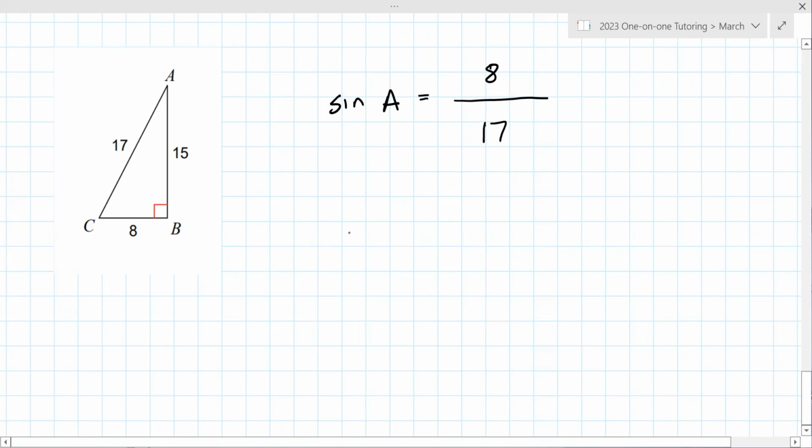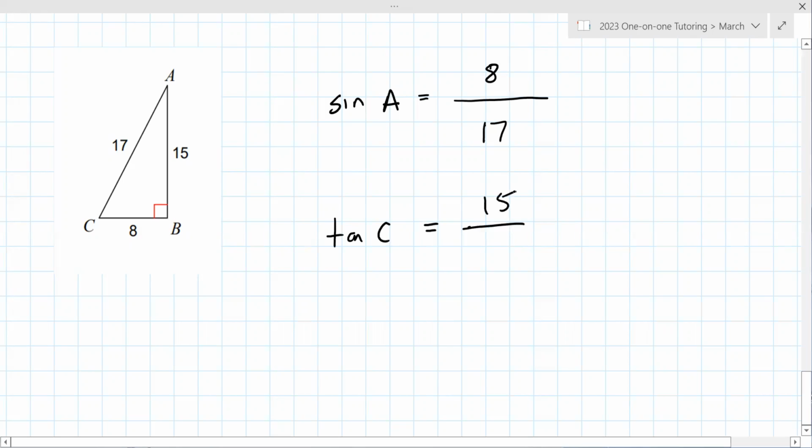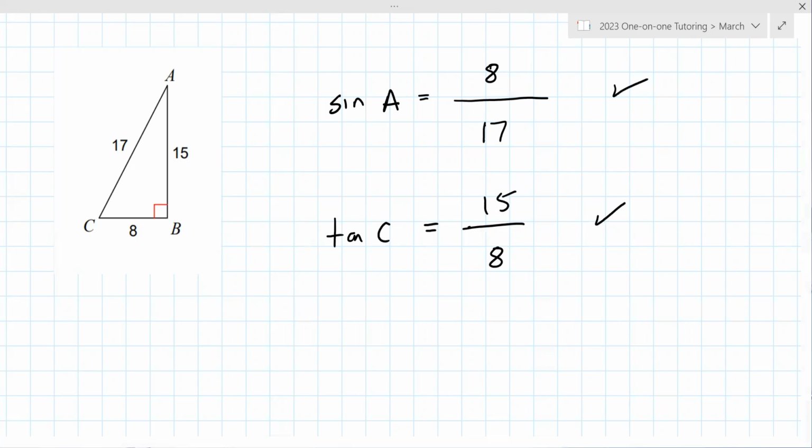Now let's do the tangent of C. At C, opposite, so in this case, it would be 15 over adjacent, 15 over 8. Yes, very good. So let's move on to some new problems now.